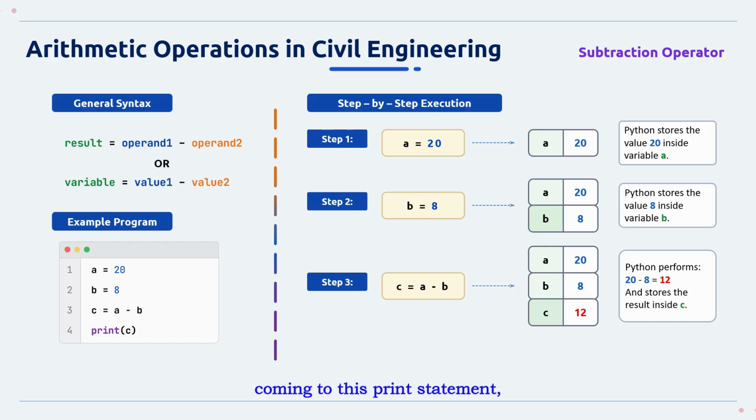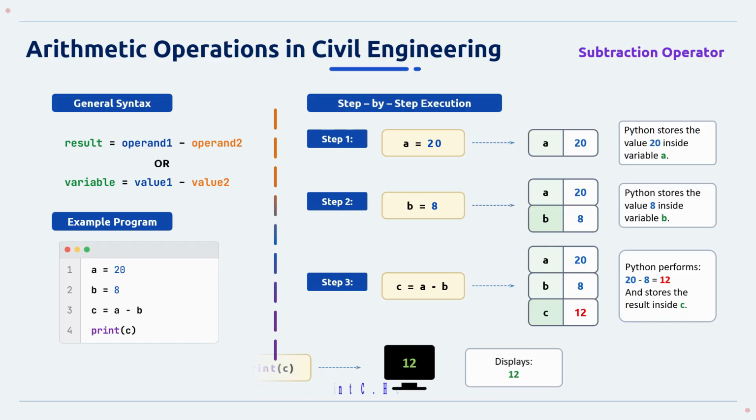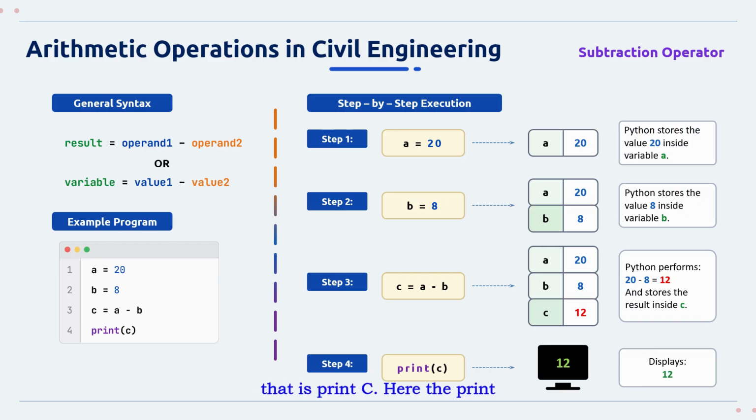Now coming to this print statement, that is print(c). Here the print function tells Python to display the value stored inside the variable c. So Python looks inside c, finds the value 12 and displays it on the output screen. So now observe one very important point.